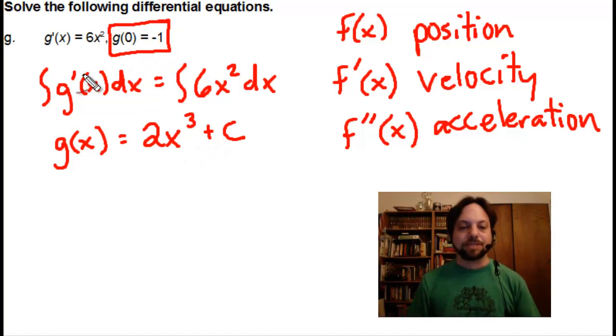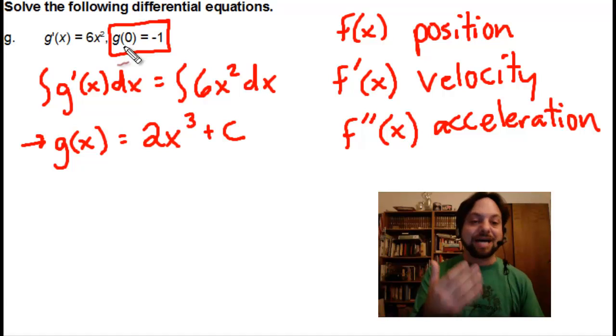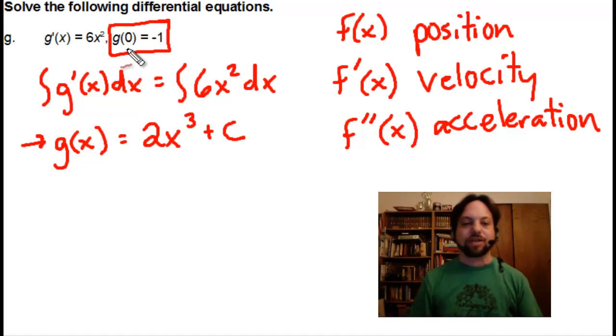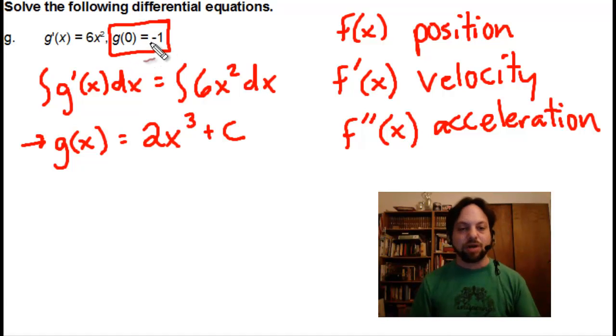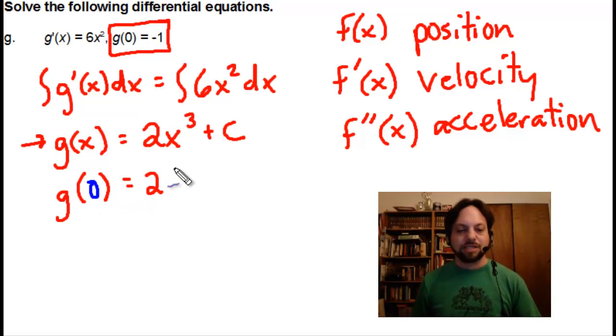See, we now have the position function. That's right here. G of x equals this. And we're told that the position at time 0 or at x equals 0, or whatever the case, our position is -1. Well, let's see how that works. If I go ahead and actually plug 0 in for x, what I'm going to get is this right here, 2 times 0 cubed plus c.